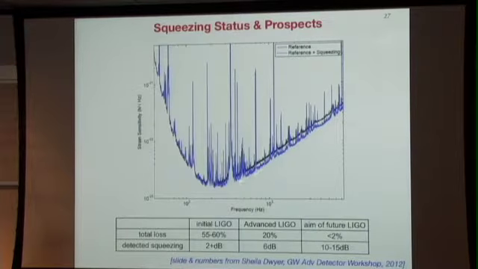If people think about why there's only 2 dB squeezing, what they found is that the total loss of the optical path, from injecting the squeezing, to entering the interferometer, and then coming out to the photodetector and being detected, is estimated at 50 to 60%.